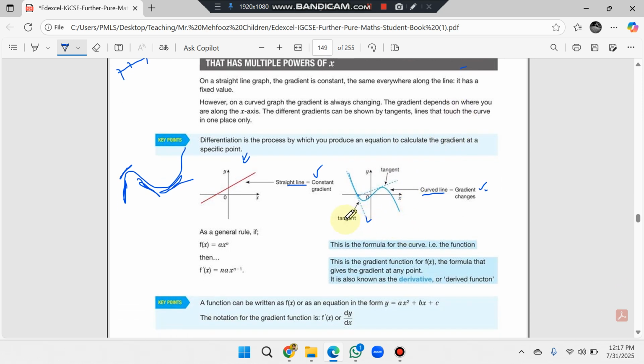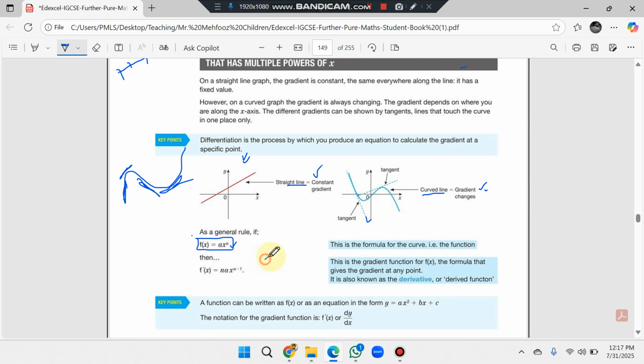So you can see that as a general function or general rule, the function is ax raised to the power n. The first rule, or first function type, is that our given function has some constant multiplied by x raised to the power of some number.